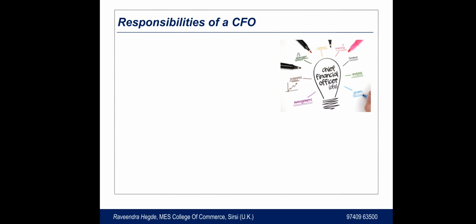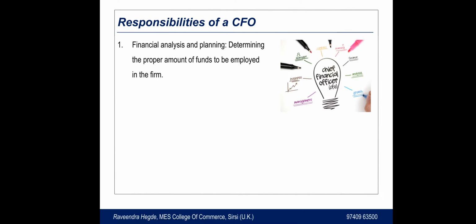To sum it up, the finance executive of an organization plays an important role in the company's goals, policies, and financial success. His responsibilities include financial analysis and planning, finding the proper amount of funds to employ in the firm, that is, designating the size of the firm and its rate of growth.